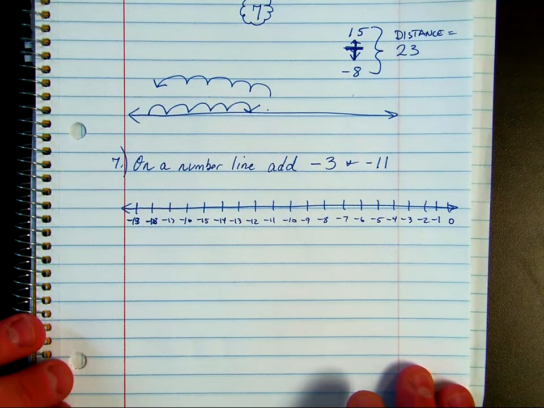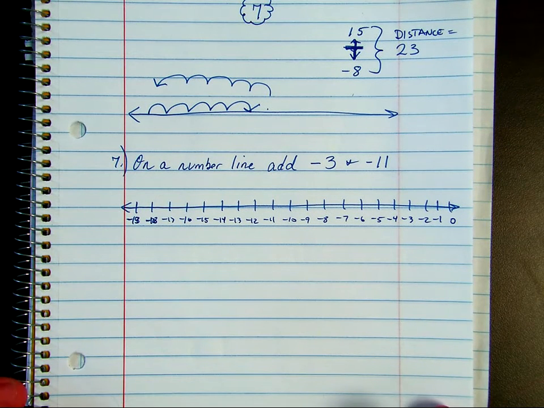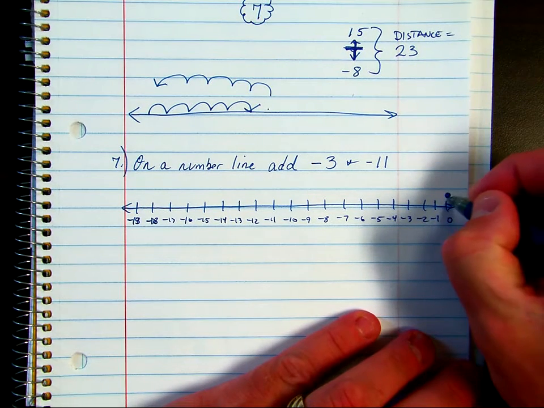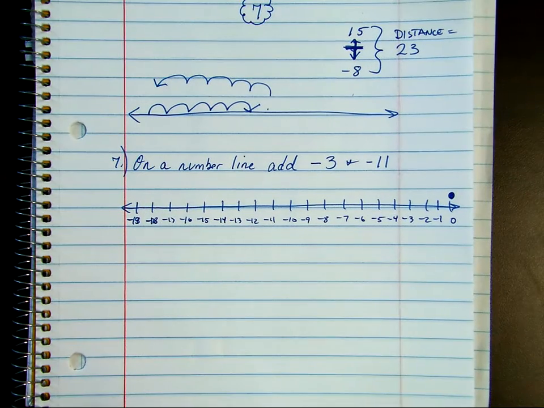On a number line, where do we always start, Morgan? No. Where do we always start, Lizzie? 0. We always start at 0. And notice the first integer is -3, so we go back to -3.